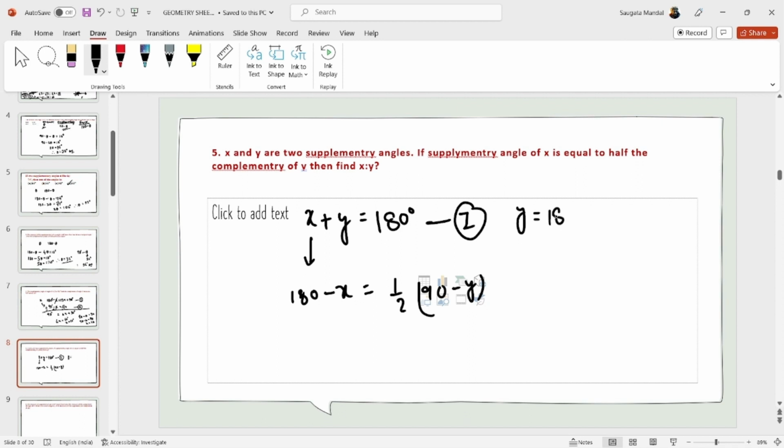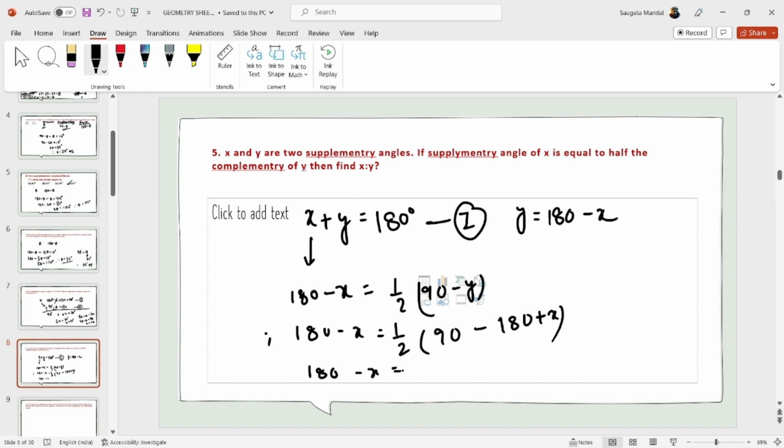Y is equal to 180 degree minus x. Now solve the equation. 180 degree minus x equals half of 90 degree minus 180 degree plus x. 180 degree minus x equals 45 degree minus 90 degree plus x by 2.